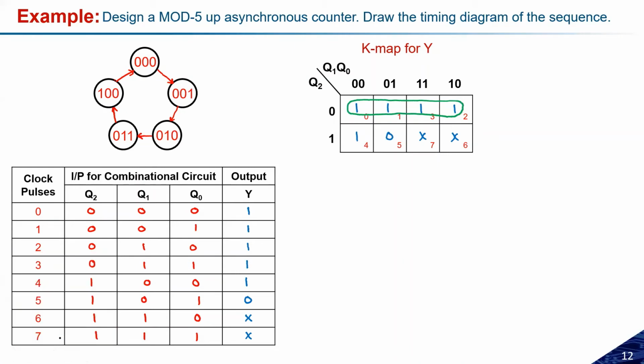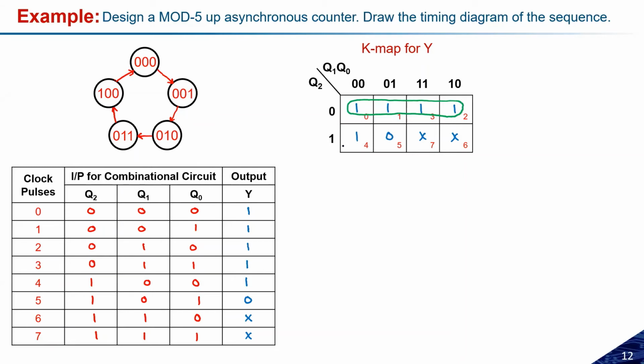Second one is, can anyone tell me which is the next pair that is possible? Anyone? Sir, 0 4 2 6.